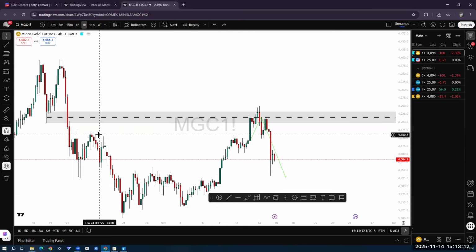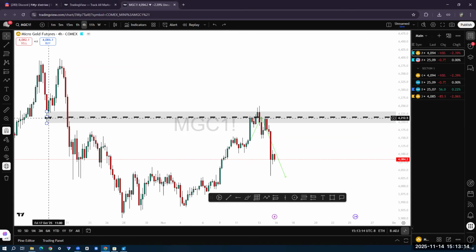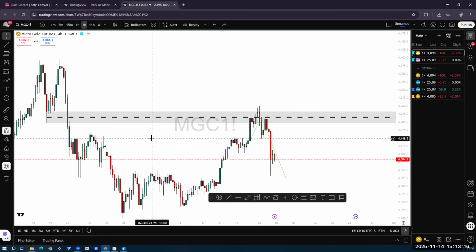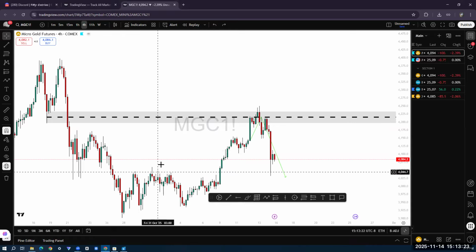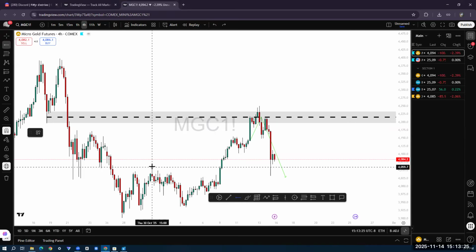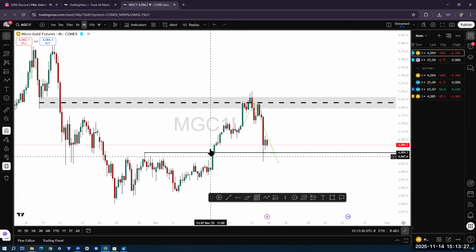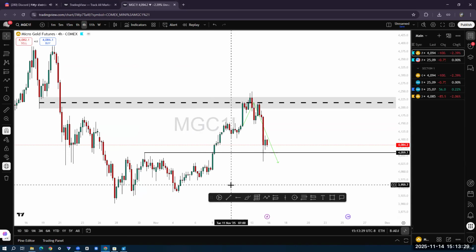You always want to make sure that you incorporate price action with everything. So if you see that there's a level of resistance or a clear level of support, or if you have something pulling you down or pulling you up, what do I mean by that? If you have a level that needs to be retested below you, like for example, we know these levels need to be retested. We know price has to come down here.